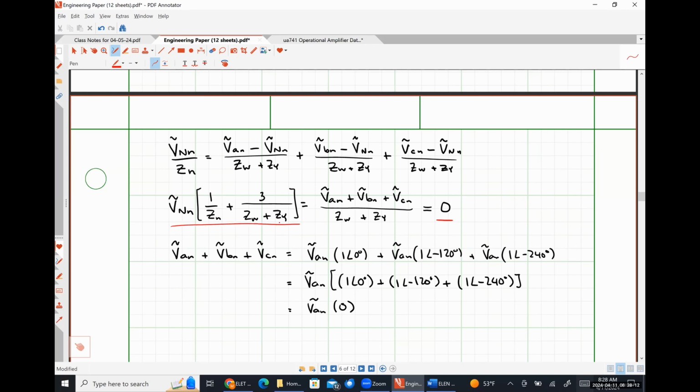Is it possible for 1 over Zn plus 3 over ZW plus ZY to be equal to 0? No, if those are real impedances, we are going to have some number there. So I have a voltage times some number is equal to 0. What does that mean? That the voltage literally has to be 0. So the voltage drop across my neutral conductor in a balanced system is 0.